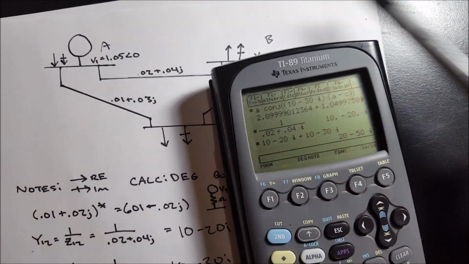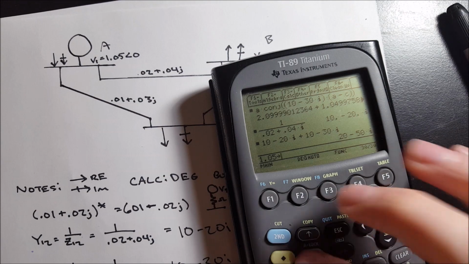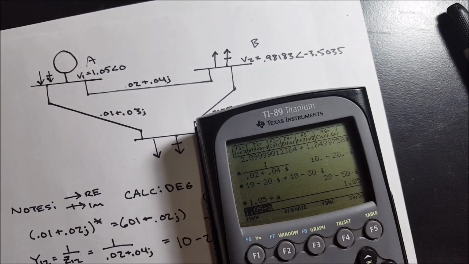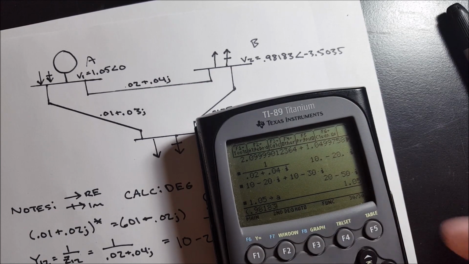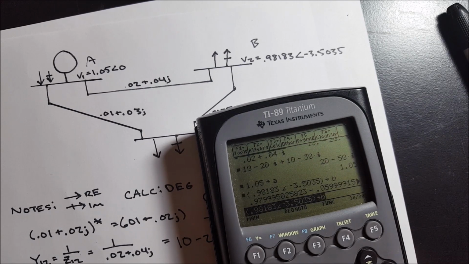So for example, A is 1.05, stored as alpha A, and bus B is 0.98183, second angle, negative 3.5035, stored as alpha B. And same thing for C.